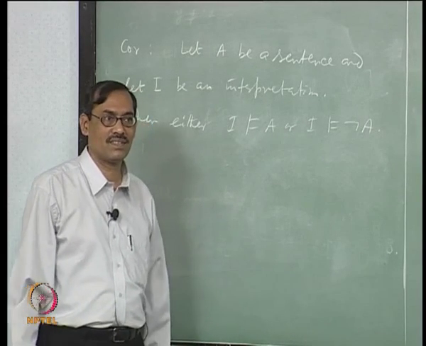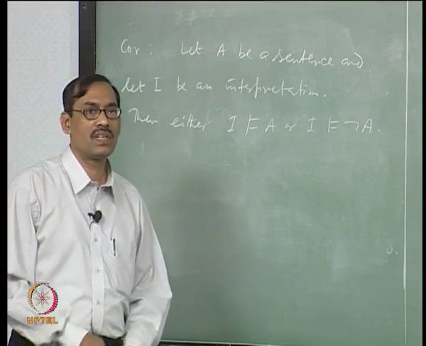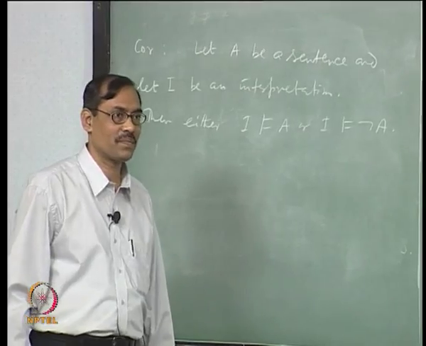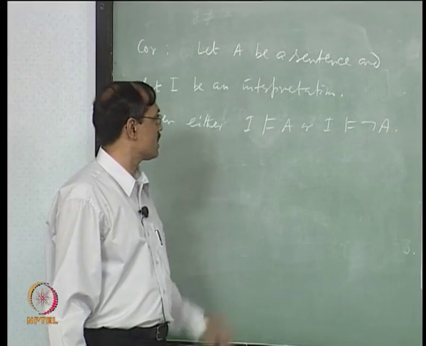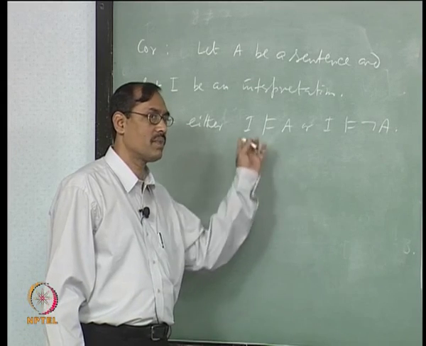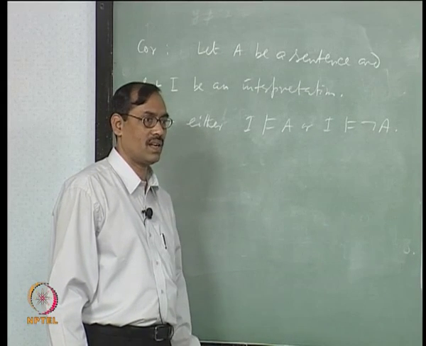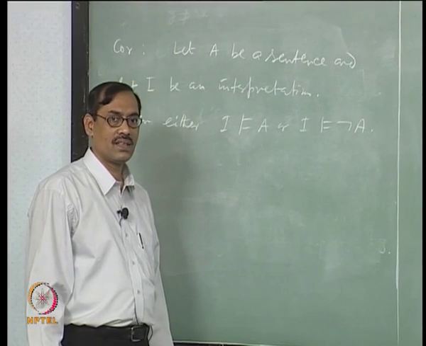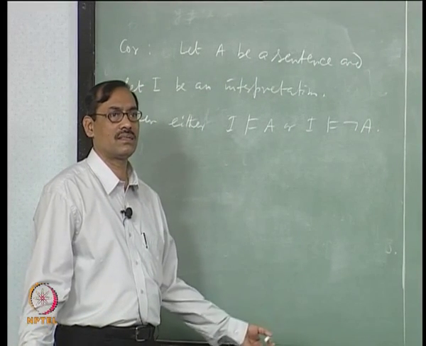That proves it. But it says something more. The proof is easy. It says that if you take any interpretation, it either satisfies the sentence or it makes the sentence false. One of them will happen. But if an arbitrary formula is there, not a sentence, it may do neither.